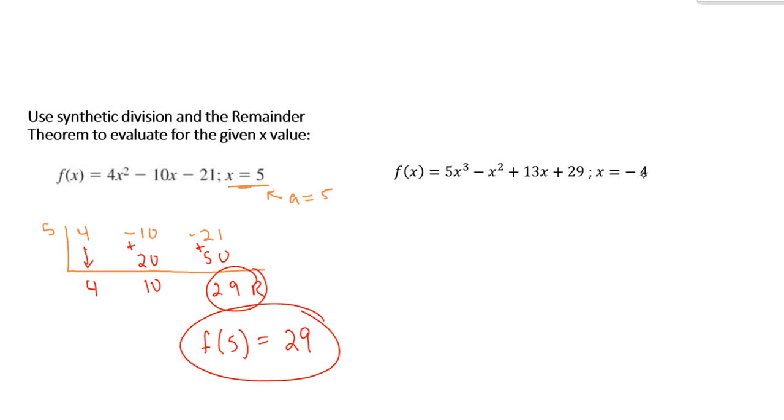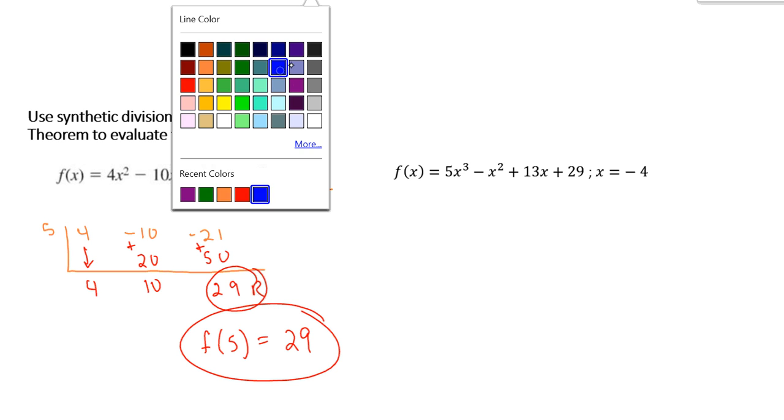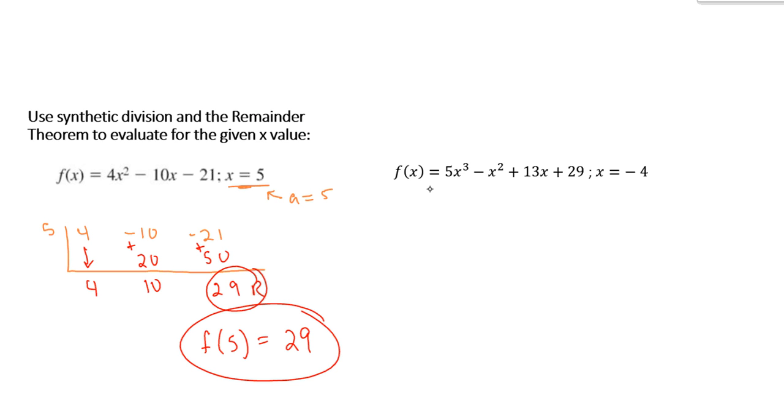All right, this one right here, it says to evaluate, use synthetic division when x is this value. So notice in the synthetic division problems that we were doing before, we had to do the opposite. This one is not the opposite. The ones we were dividing by before were just x minus or x plus a number.